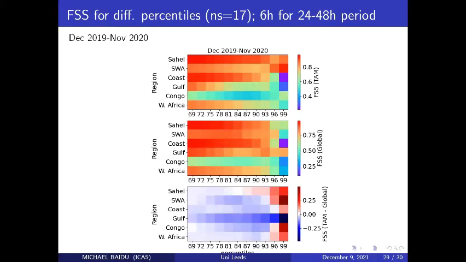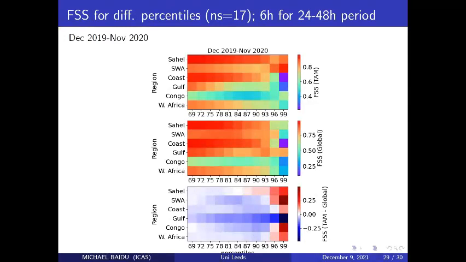The percentile was computed uniquely for each of the models. So for each model, we computed the threshold of the rainfall amount that should be considered. Basically, for each region, we look over the grid boxes. If the rainfall is above this specific threshold, it's considered as rain.